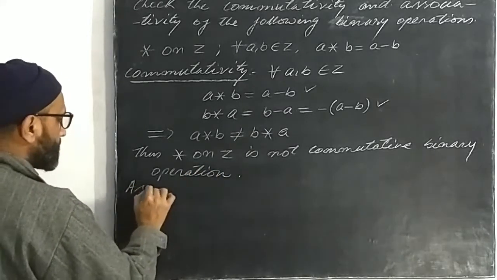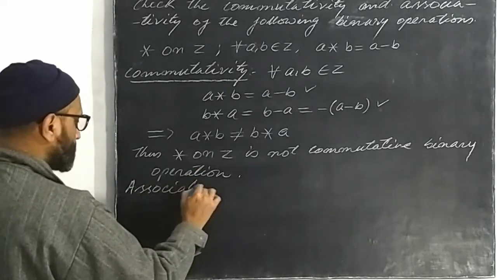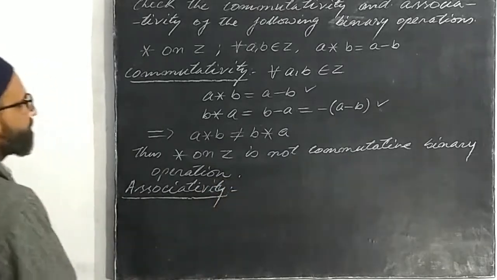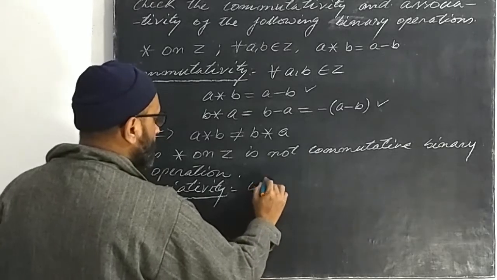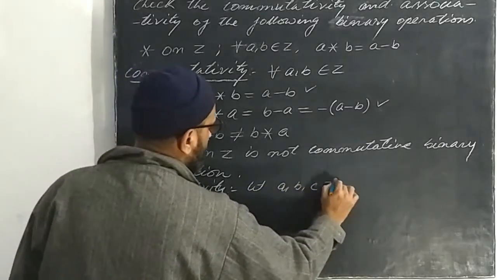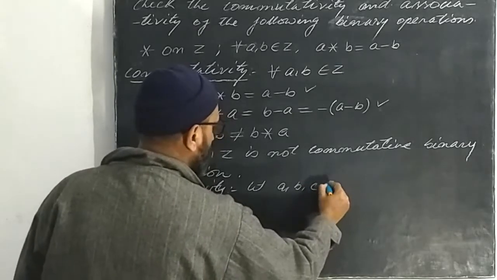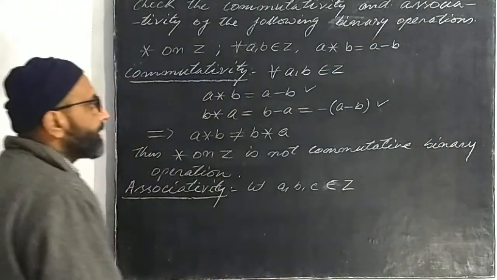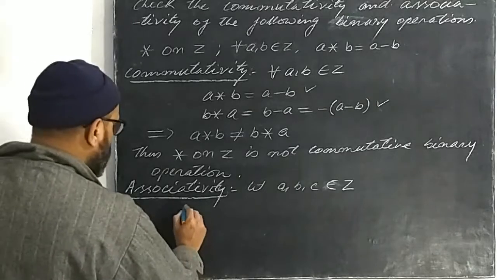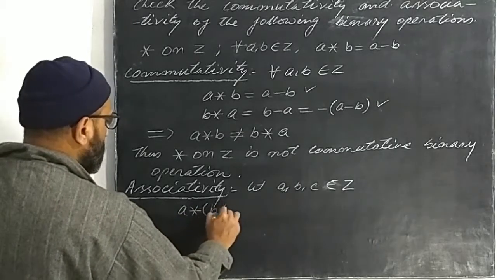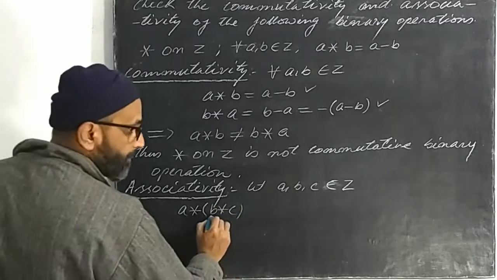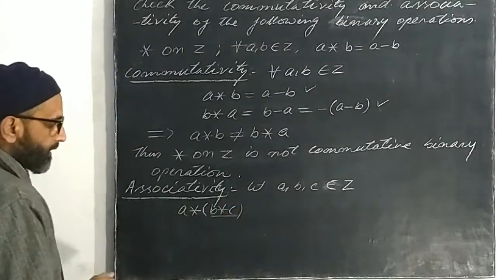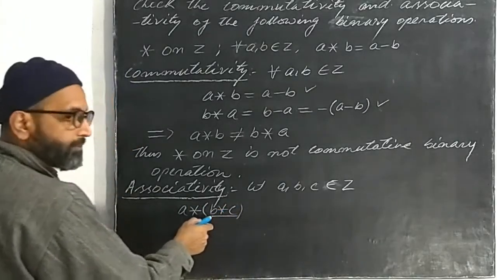Now we have to check associativity. Let a, b, c be three arbitrary integers, that is a, b, c belong to Z. If we take a star bracket b star c, first we apply the operation in this bracket.